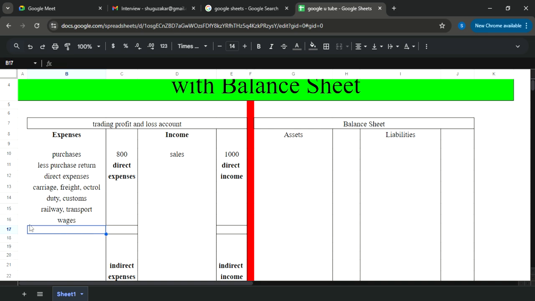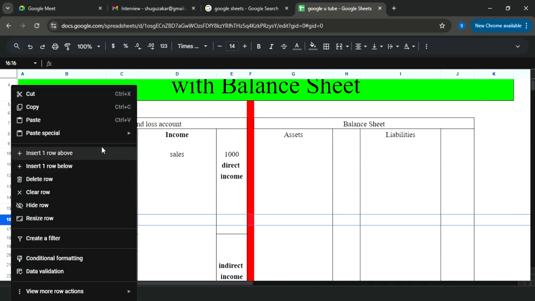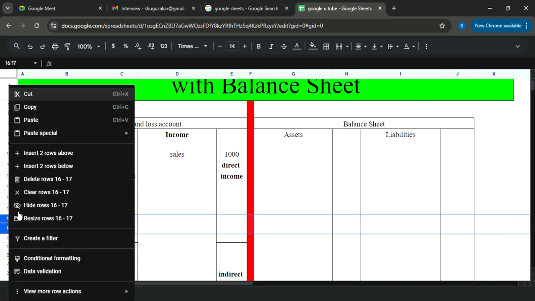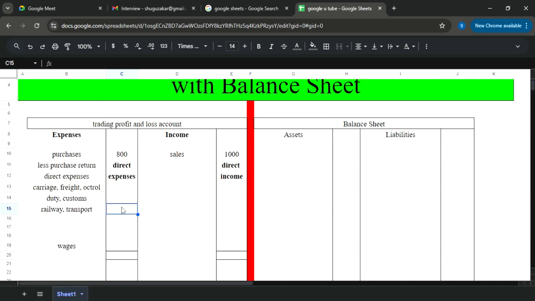Okay, some more space is needed. So here we are going to add a few more spaces to write all possible elements which can be present over here.